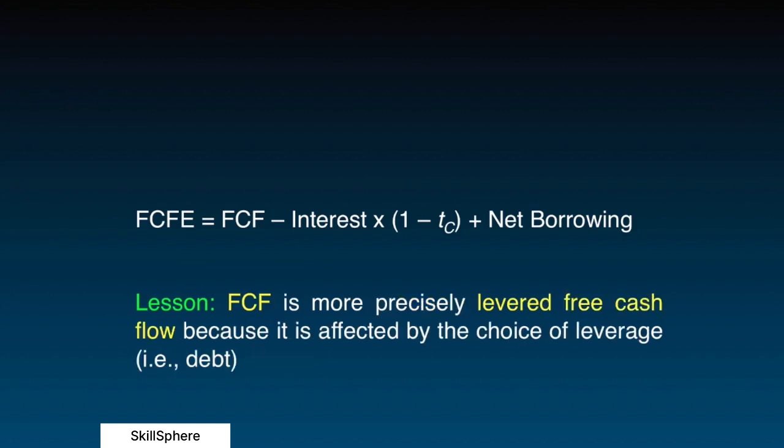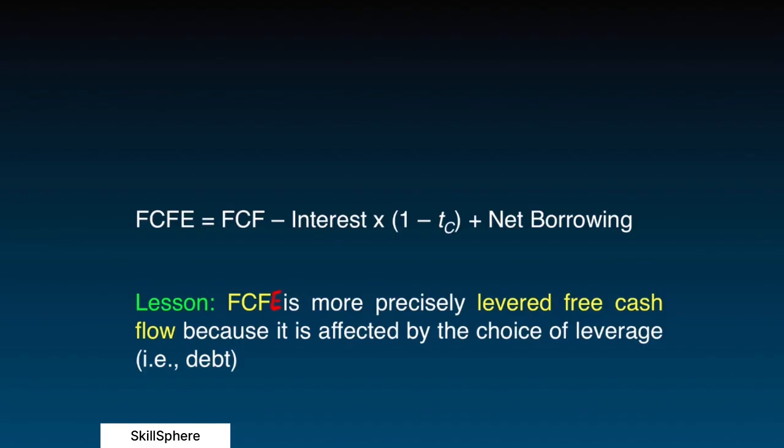And free cash flow to equity, this should be E, there we go, is more precisely levered free cash flow because free cash flow to equity is affected by the company's choice of financial structure. It's a leverage decision, how much debt it plans to take on.